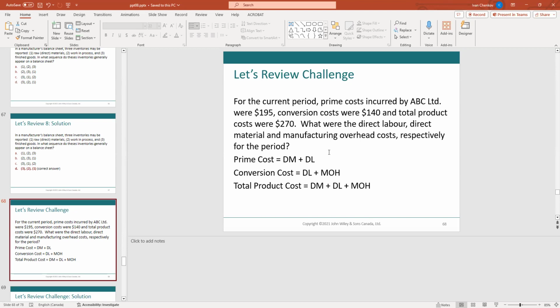Can you solve this? You have to express one after another. Solve it for direct labor, and after that, solve it for the direct material, then solve it for the manufacturing overhead, correct? Find out first what's direct labor, because direct labor is part of all the three formulas.